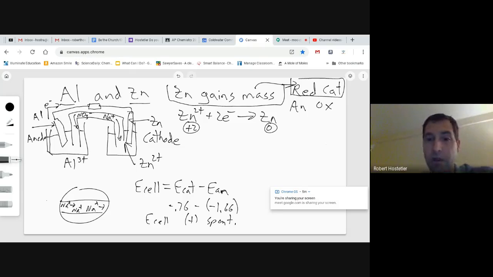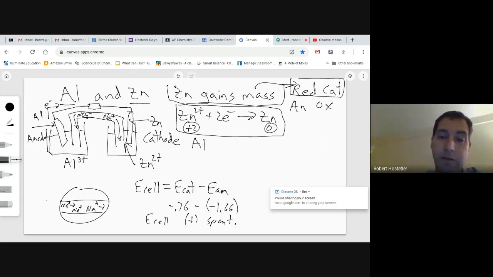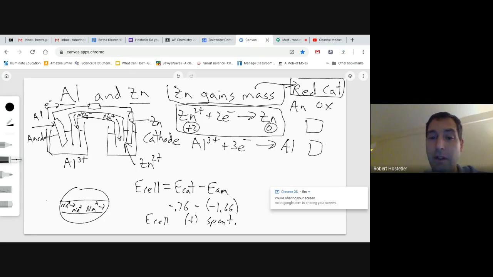Okay, so let's look at the overall reaction. We have one reaction here with the zinc. Now the aluminum will look the same way on your reduction potential sheet, meaning that it's also listed as a reduction, and the reduction potentials will be listed next to it. But when you do the overall reaction, remember it's redox, so something has to be reduced and something has to be oxidized.